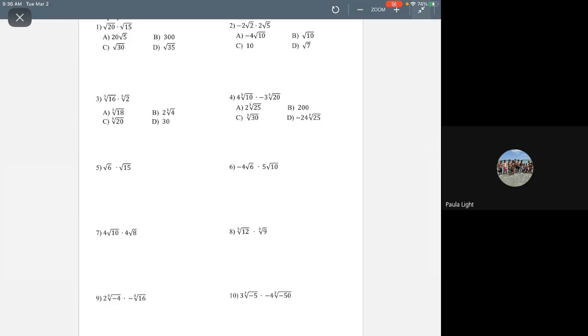Number 5, the square root of 6 times the square root of 15 is, I wrote down the square root of 10. Hold on. The square root of 6 times the square root of 15.